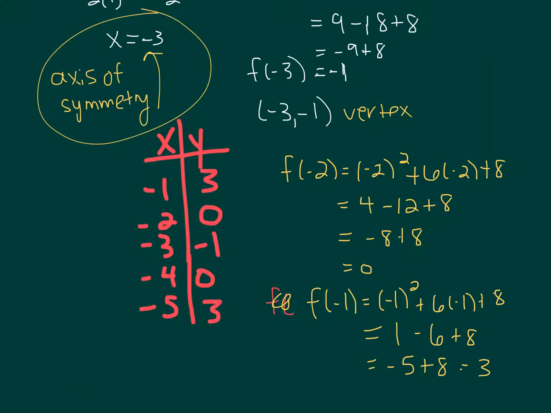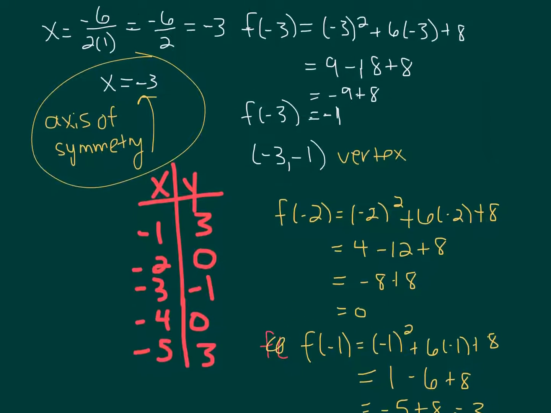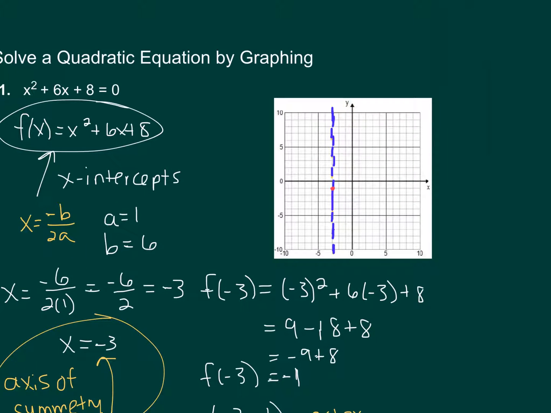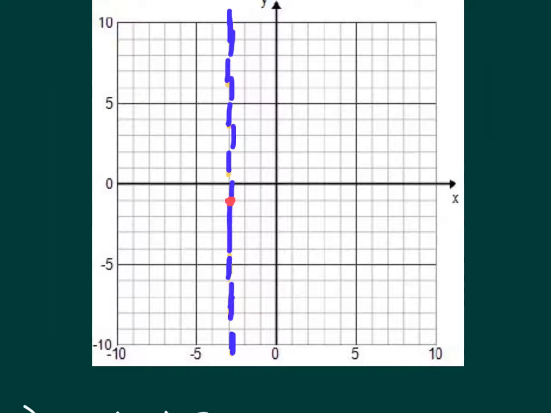So we have our list of points, so we can go back to our graph and graph those. So for our graph, we had negative 2, 0, negative 4, 0, and then negative 1, 3, negative 5, 3. And then that was our parabola.